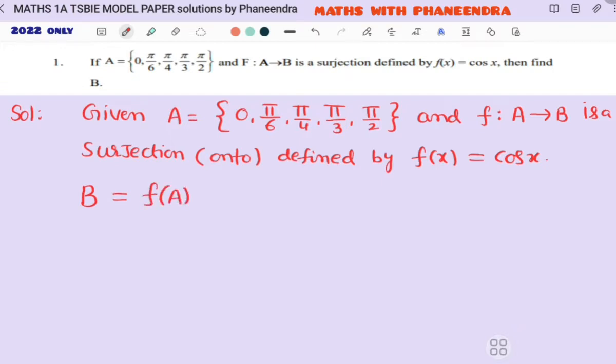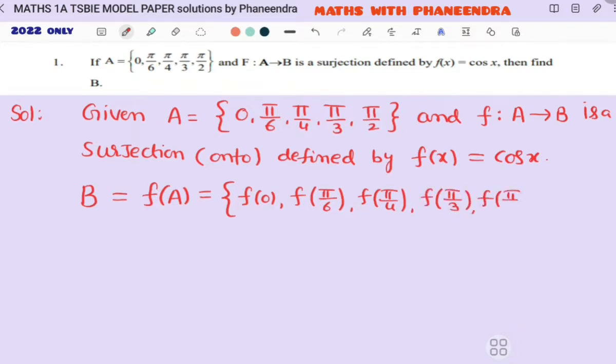That is the meaning. That is also equal to f of A, meaning in the set A, what are the elements there? 0, pi by 6, pi by 4, pi by 3, pi by 2. So f of A equals f of 0, f of pi by 6, f of pi by 4, f of pi by 3, f of pi by 2.